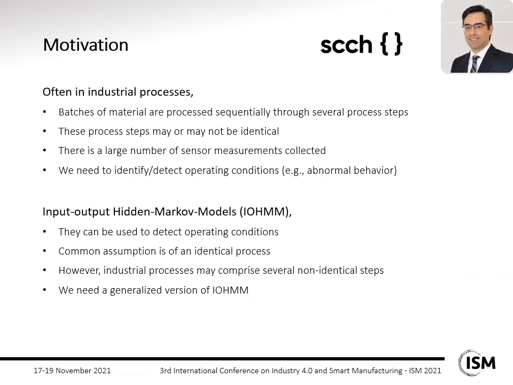However, industrial processes may comprise several non-identical steps that are not based on the same laws, or have different kinds of phenomena that take place. To this end, we need a generalized version of input-output hidden Markov models in order to use such a framework in the context of industrial processes.